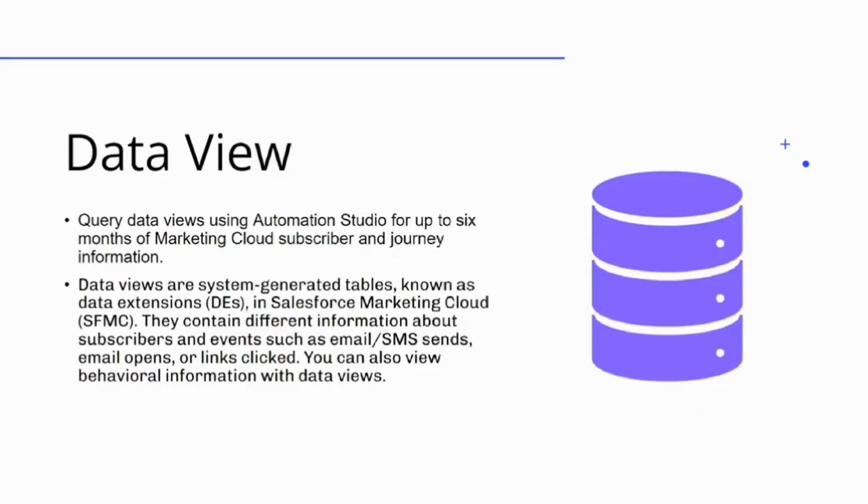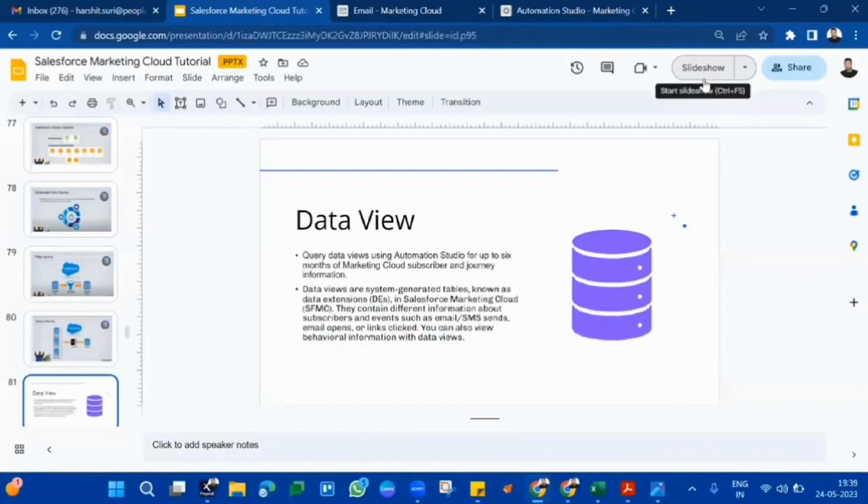But there are some predefined system objects, which are known as data views, which contain subscribers and tracking related details. If you want to get those details, you have to query those data views. The way you query data extensions, the same way you can query the data views. Now, data views can't be seen. They can be accessed using certain guidelines.